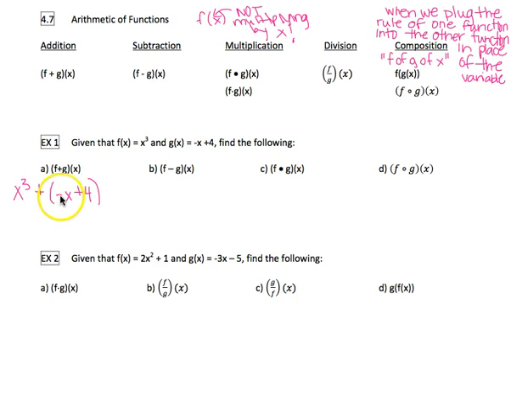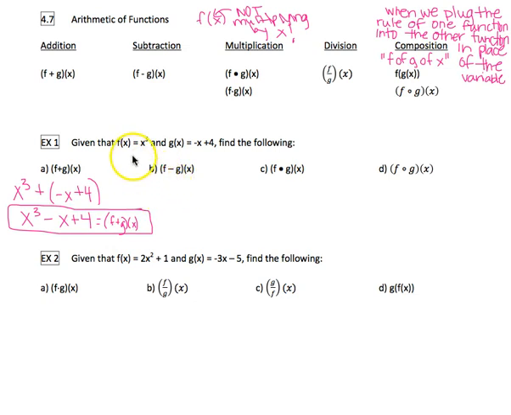So this gets to stay negative and this gets to stay positive. So I have x cubed minus x plus 4. Now, none of these are like terms, so this is f plus g of x, and that would be our final answer. Generally, remember that when we have functions, we usually go from the highest exponent down to the constant last.